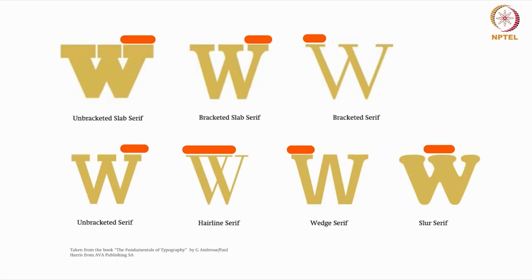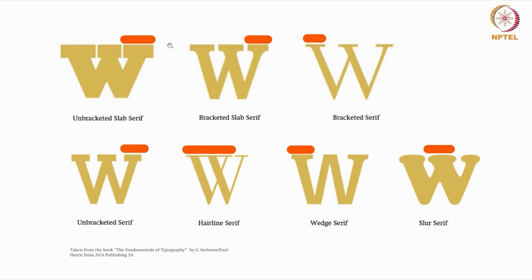Also, just based on the form of the decorative lines attached to the end of the letters, it can be identified differently, for example, the first case where you have unbracketed slab serif. You have a sharp angle and then a straight slab attached, a very thick slab-like structure attached to all the terminals.